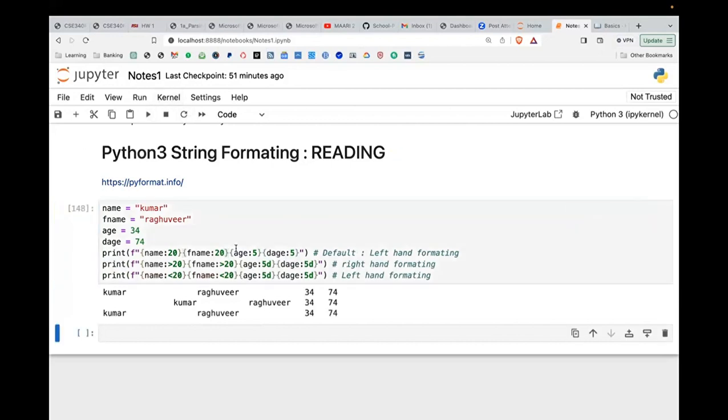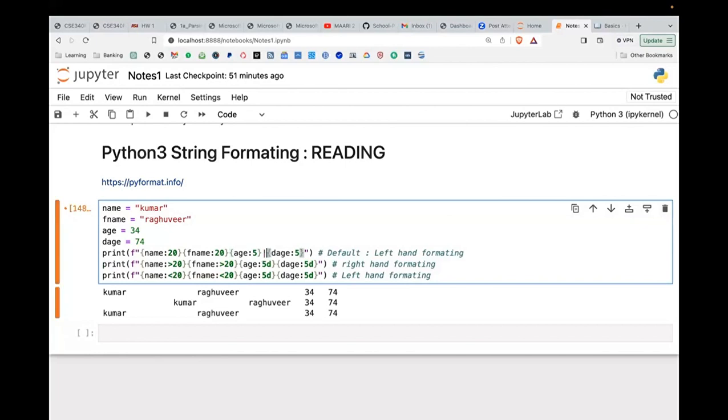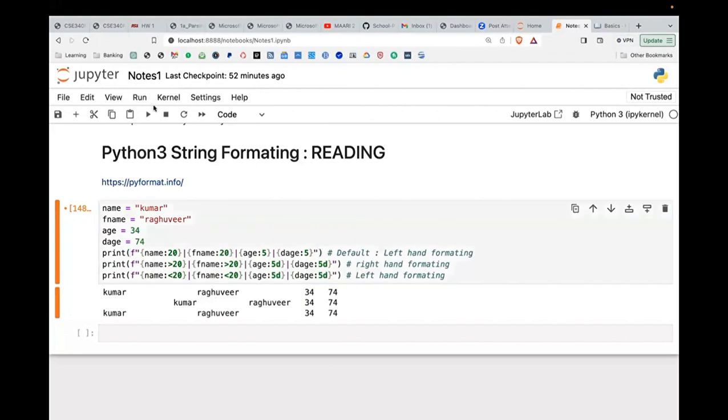I am printing it. So you can just see this is actually the 5 digit, and if you put the pipe to differentiate each string, you understand how many characters were actually taken. Now you can just see this here. How many characters were taken?